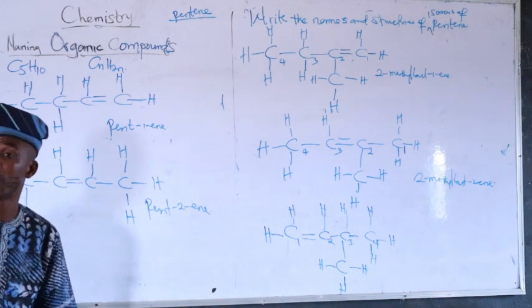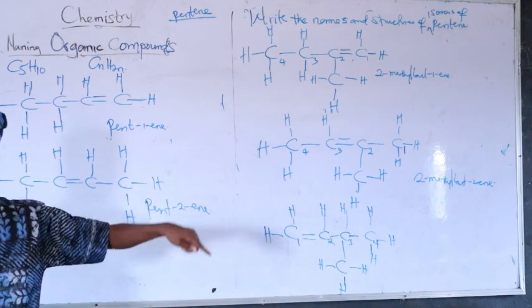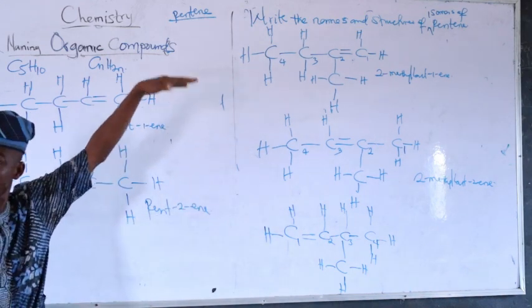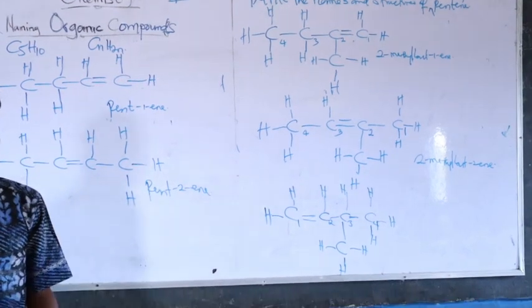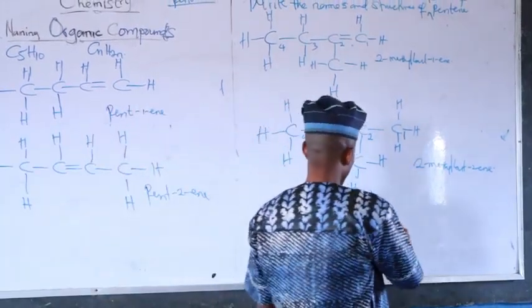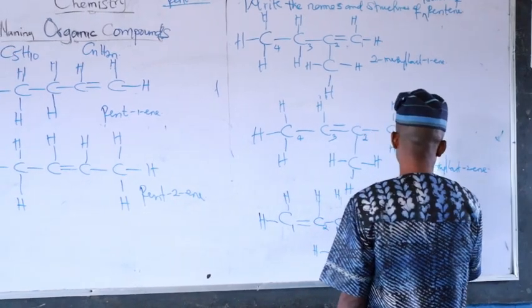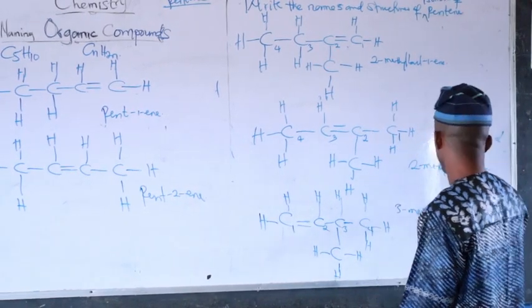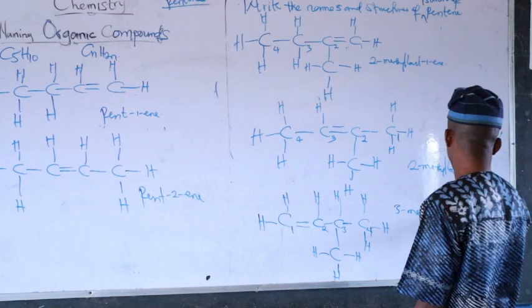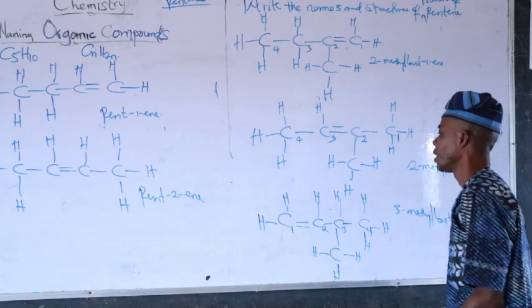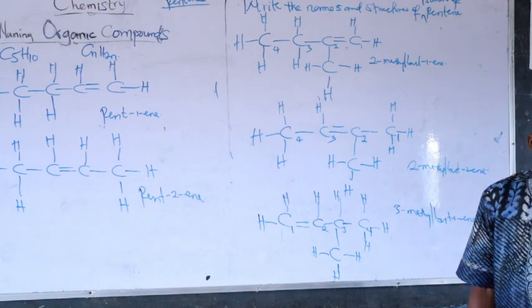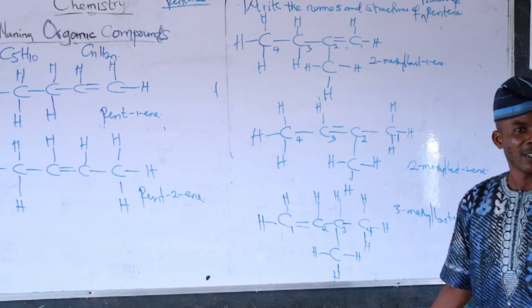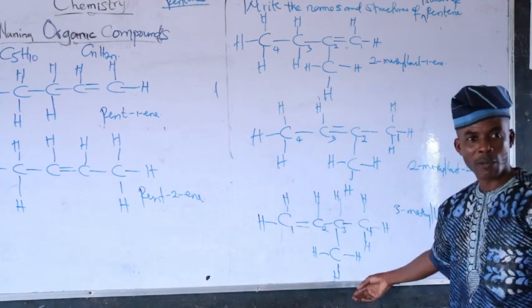Once you write the name, if the name is not the same as any other, it means it's another isomer. So this is going to be 3-methylbut-1-ene. Can we have another structure? Yes, we can have it. So try the remaining isomers for this.